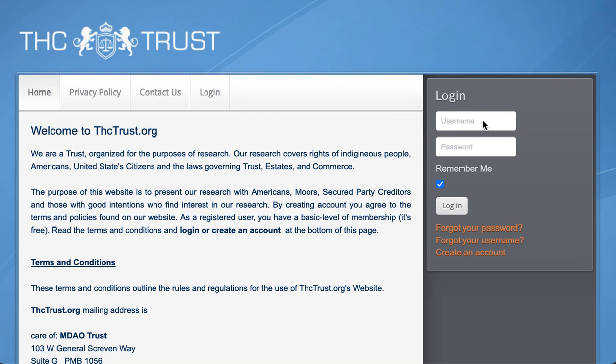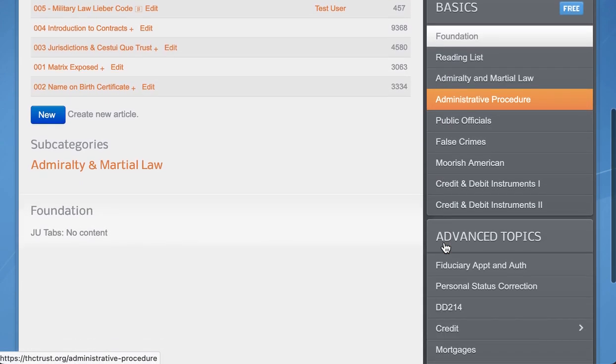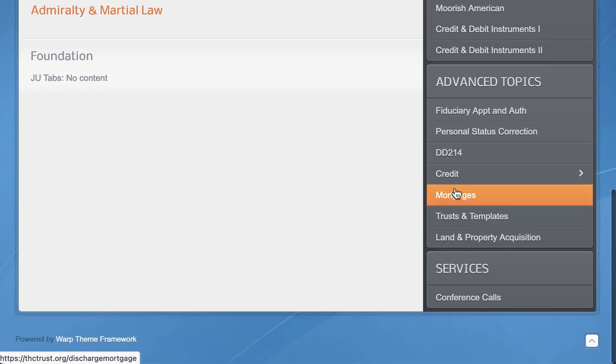And it does, of course, follow in the lines of the discharge mortgage procedure, the outline that I've put together here at thctrust.org. So you can create the account down here on the website. I'm going to log in, and this is under the advanced topics, mortgages.